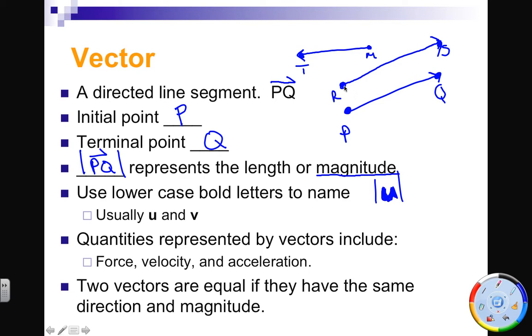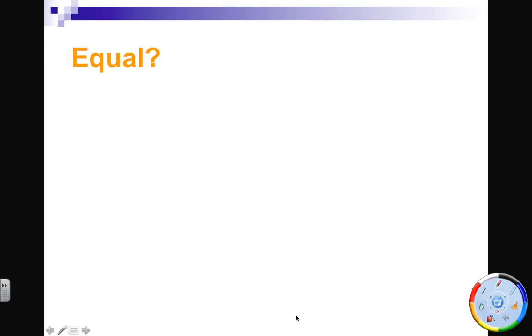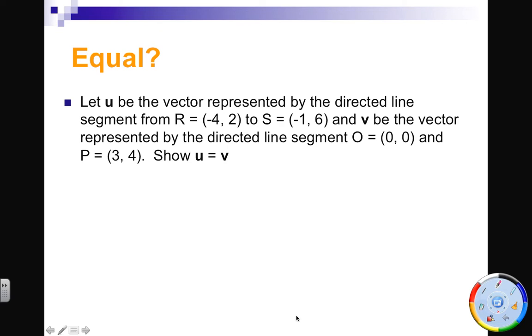So what we need to figure out is how we can describe direction and how we can describe magnitude. I'm going to give you a little bit of information here. We're going to let u be the vector represented by the directed line segment from R to S. So we're looking at a vector RS going from the point -4, 2 to the point -1, 6.